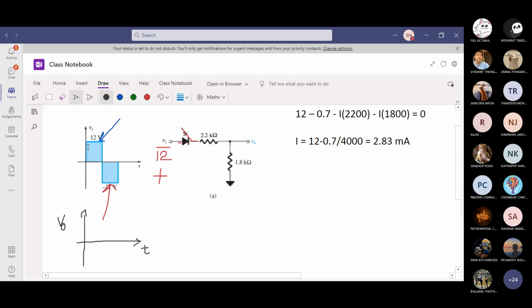Here 12, so that was 5.09, maybe about here or less than that, doesn't matter, we're not drawing to scale. Positive half cycle 5.09, negative half cycle 0, and then it will keep repeating like this.